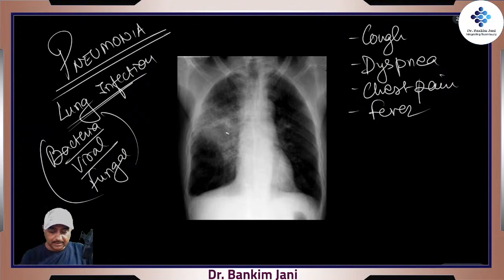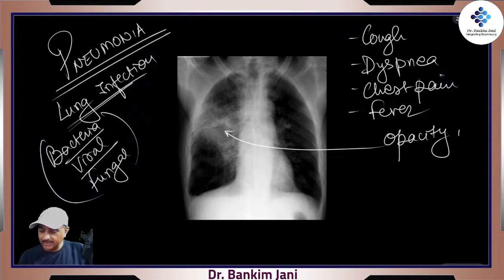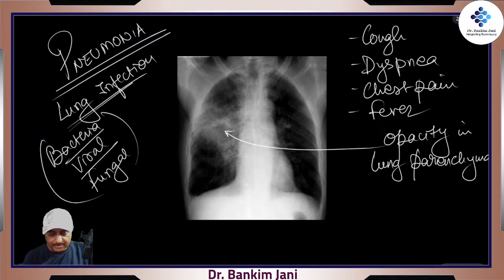On X-ray chest, this is what you see: the opacity of lung parenchyma. So you will see the opacity in lung parenchyma. Now see this opacity. If you watch closely, there is presence of air. But one important thing which we see in this case is whenever there is infection, those bronchomediastinal lymph nodes will be enlarged, right?